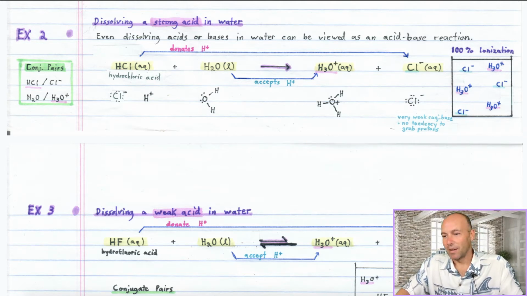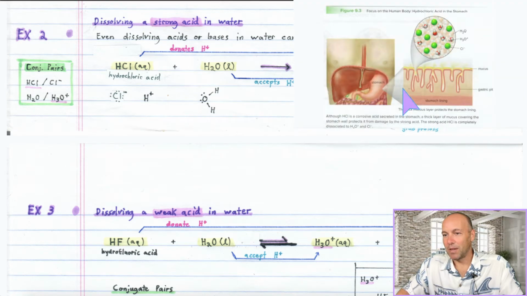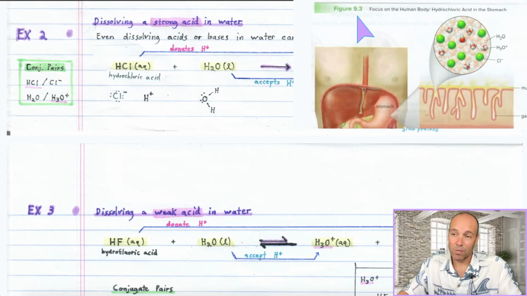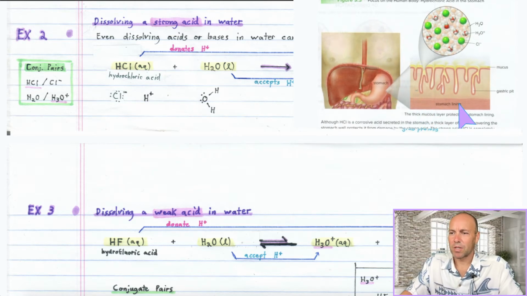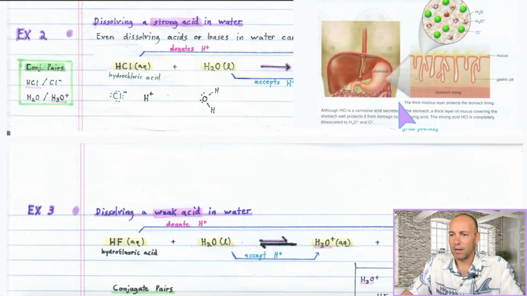Hydrochloric acid, there's a nice picture of it in your textbook here. It's the main acid that's found inside the stomach in your gastric juice. So here's your stomach, and it's a very dangerous acid as well, and so your stomach has a thick lining of mucus which protects it from the hydrochloric acid that's inside the stomach.